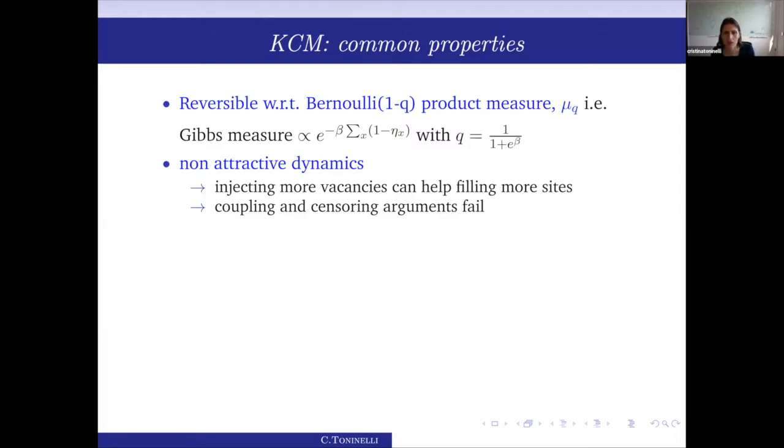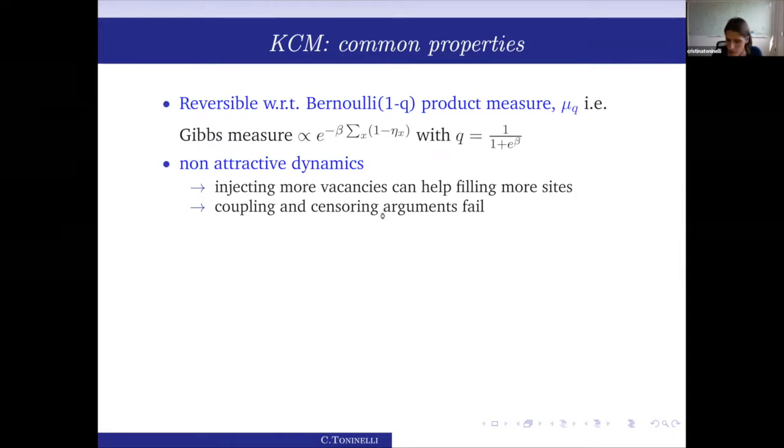Because freezing means that I freeze certain constraints, and this can have, as I said, unpredictable consequences. It can go in the direction, at certain moments, of filling more sites or emptying more sites.